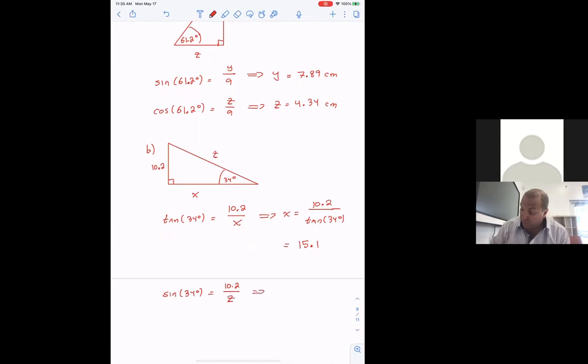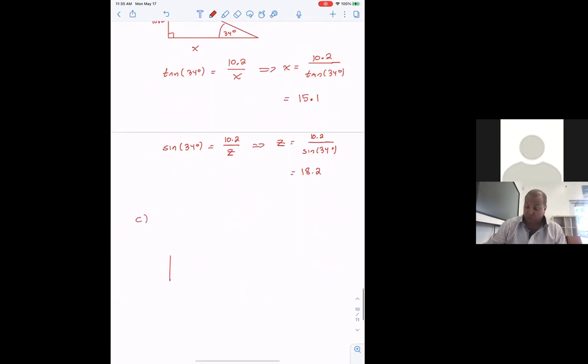This is an exact equation. Z equals 10.2 over exactly sine of 34 degrees. If I would use either the Pythagorean theorem, or if I were to use X and use cosine, I'd be using a rounded number. And why use a rounded number if you don't have to? So when I do Z to 3 sig figs, I get 18.2.